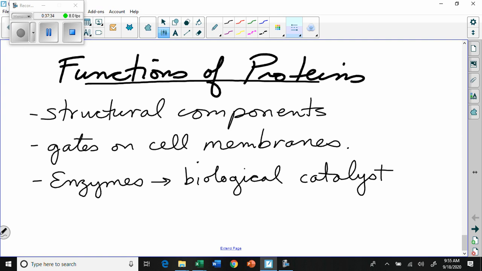In fact, almost every biochemical reaction that happens in your body, every digestion, every synthesis or building of molecules involves at least one or many enzymes that help it along. So proteins are very numerous and very important in this way. They can also function as messenger molecules.